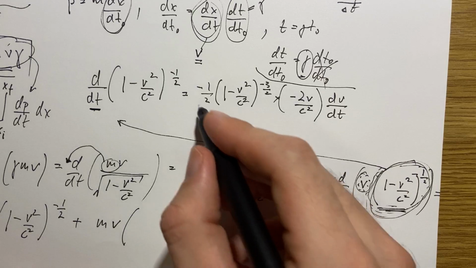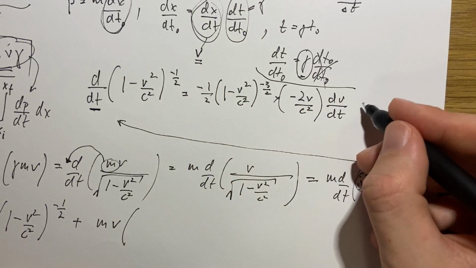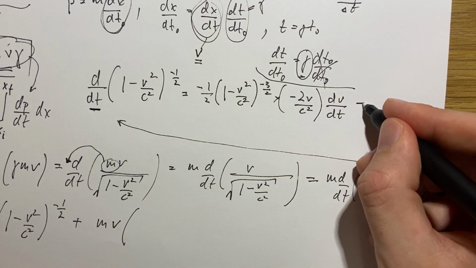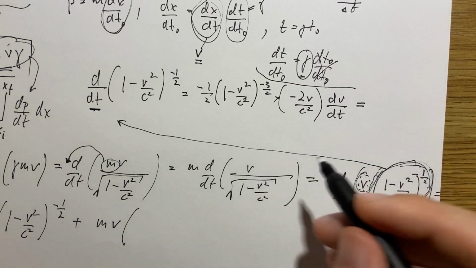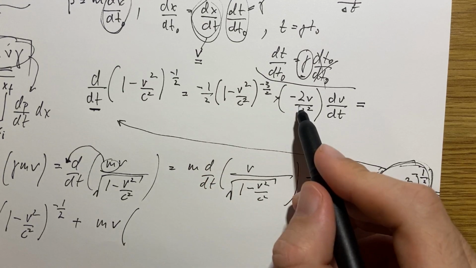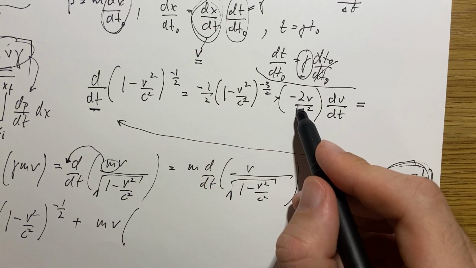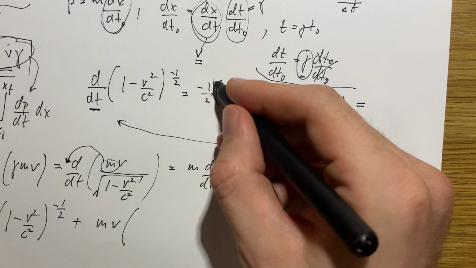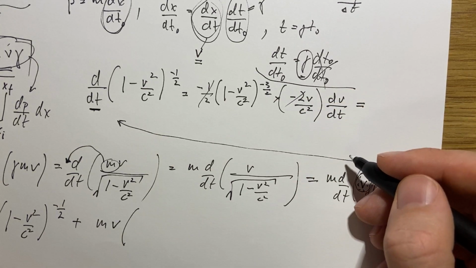Okay, so now we have this expression, which we can make even simpler. Minus a half times minus 2, well, that's just going to be 1, right? Yeah, that's just going to be 1.